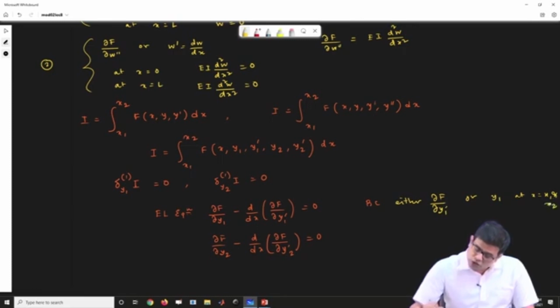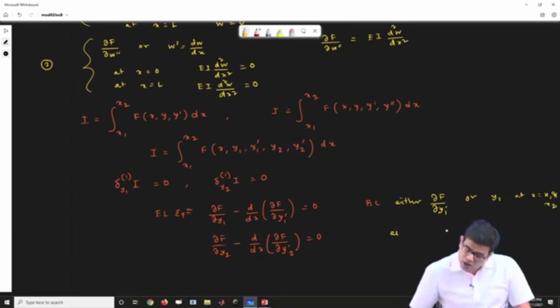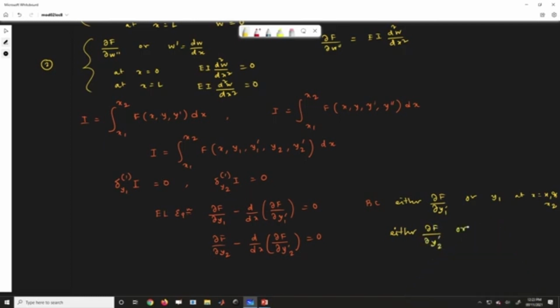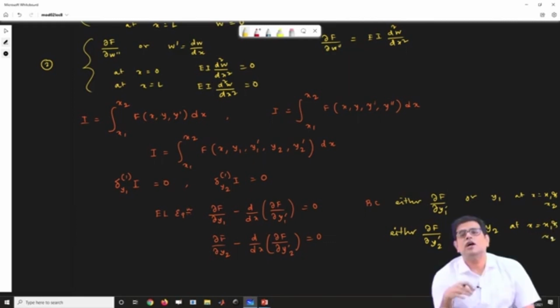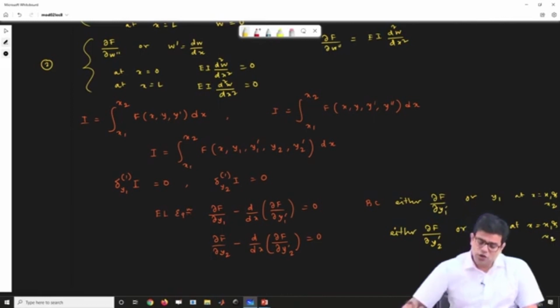Similarly, either dou f by dou y2 prime or y2 at x equals x1 and x2 is specified. So, this is just an extension. Similarly, for the functional involving second order derivatives, we can find it out.